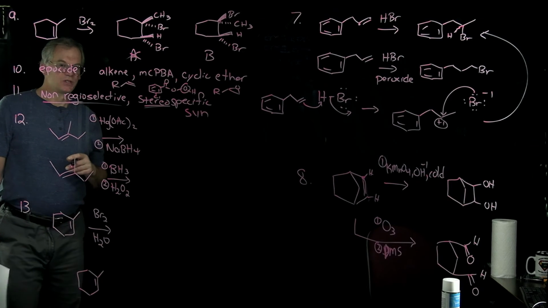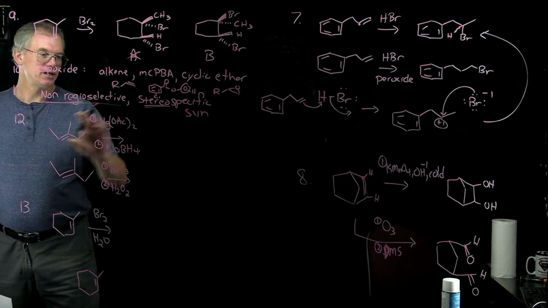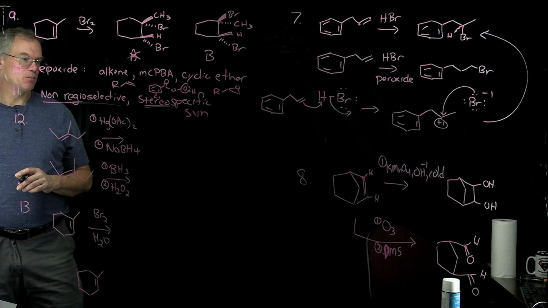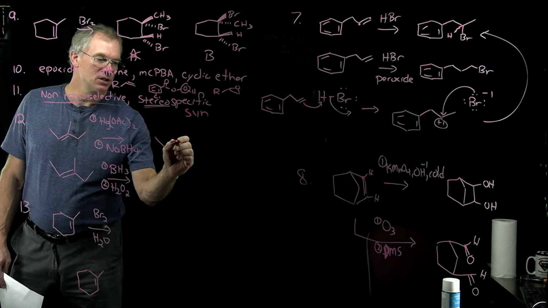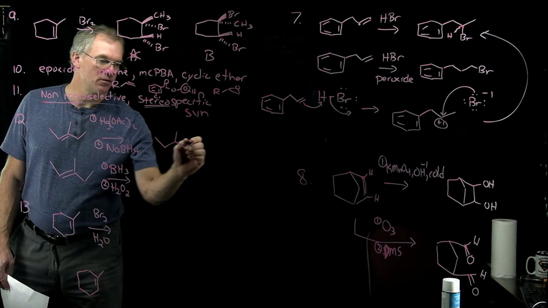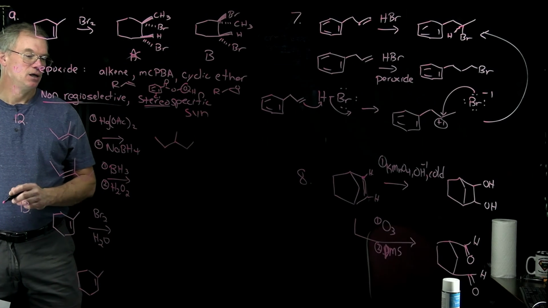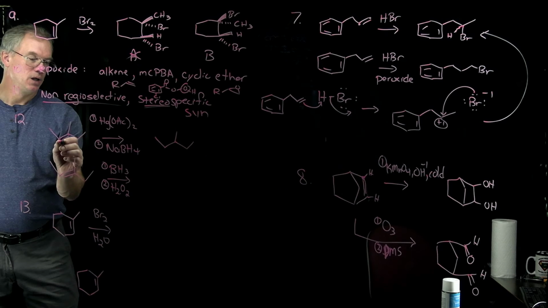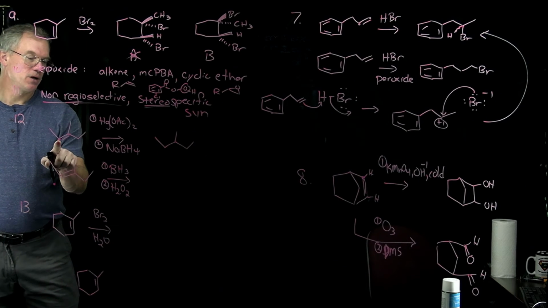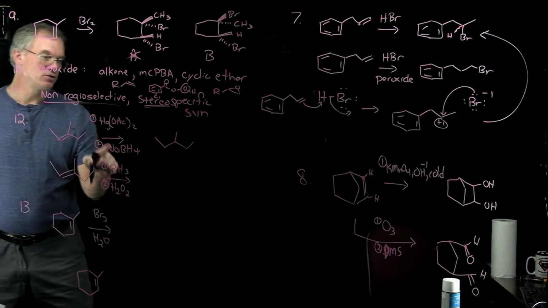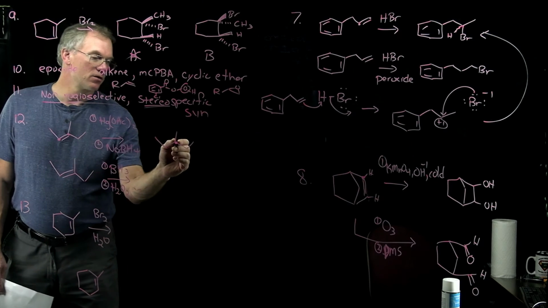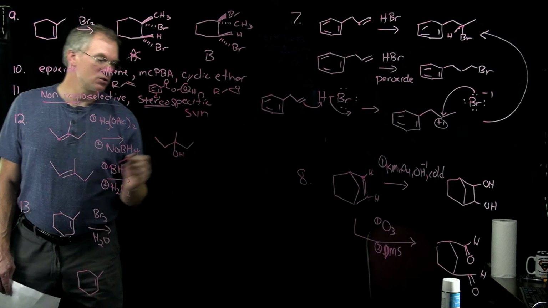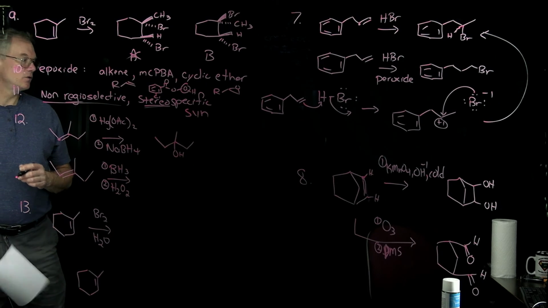Number 12 is just realizing that oxymercuration, demercuration of an alkene results in overall Markovnikov addition to the ene. So the carbon of the ene with more hydrogens preferentially gets the hydrogen, and the other carbon gets the OH. So in that case, that alcohol would form.